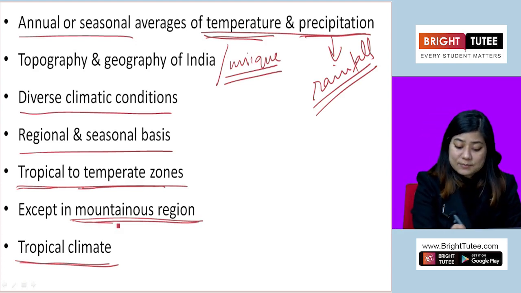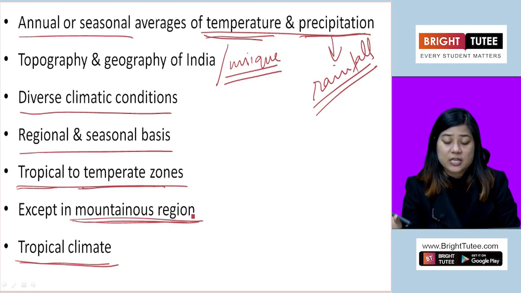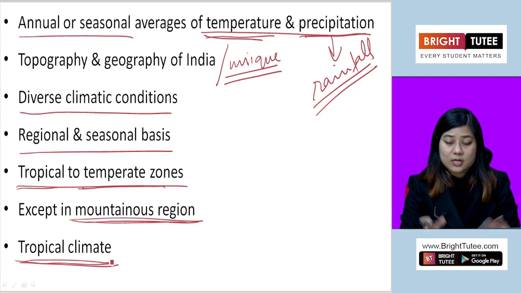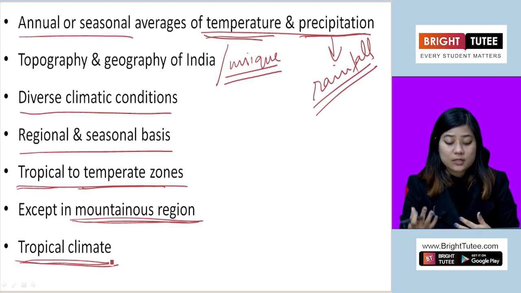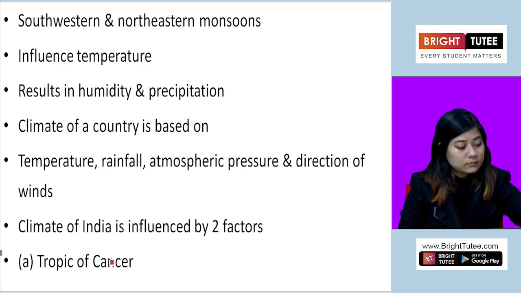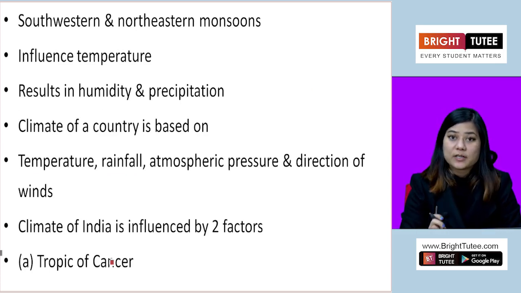Except the Great Himalayan ranges in the north, the rest of India has tropical climate. So you can see how the geography and the region also influence the climatic conditions.